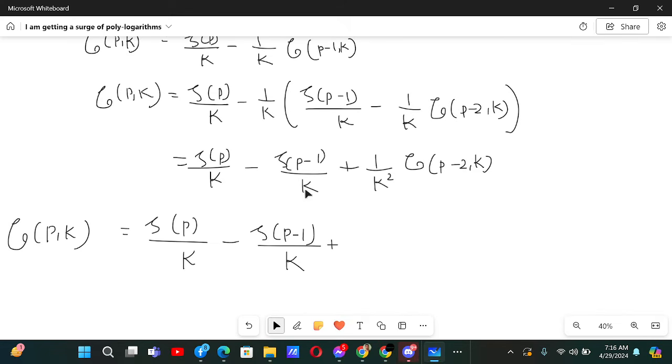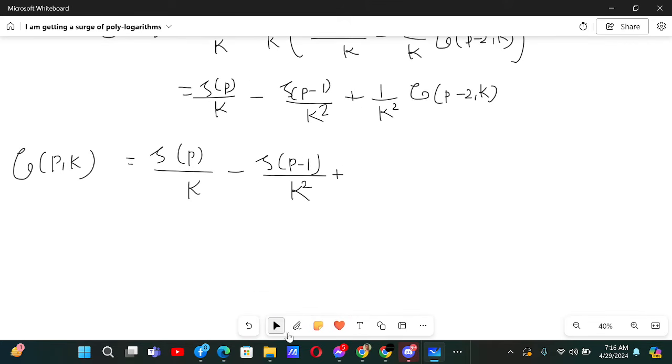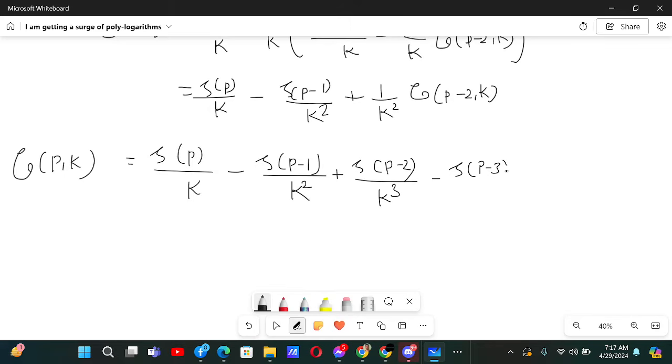Wait a second, it's k square over here, not just k. Notice that whatever number is subtracted, the same number appears in the power of k. So if it was Riemann zeta of p minus 2, we will have k cube. Similarly, if it was minus Riemann zeta of p minus 3, we will have k to the power 4. Please keep this in mind.